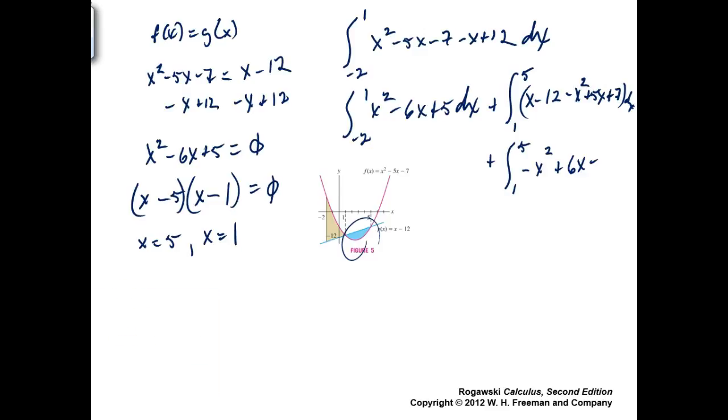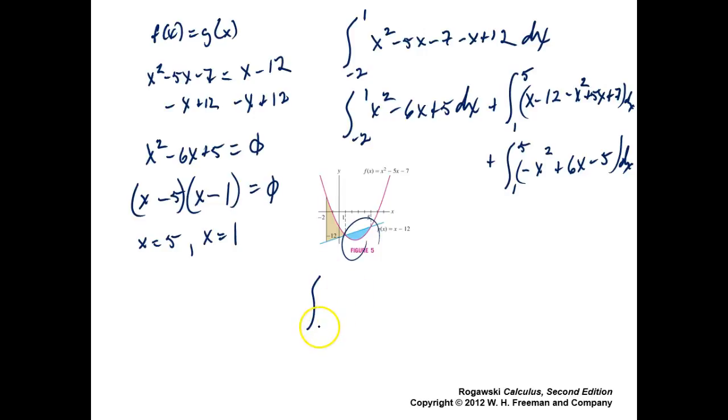See, again, skipping too many steps can get you in trouble. Yeah, that's minus 5. Well, all we have to do is pull out the minus sign and you got the same integral.